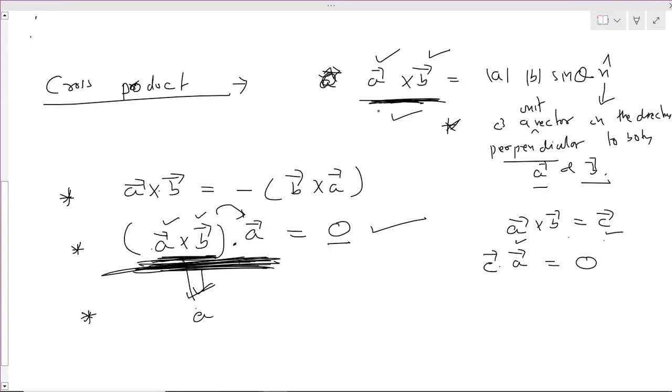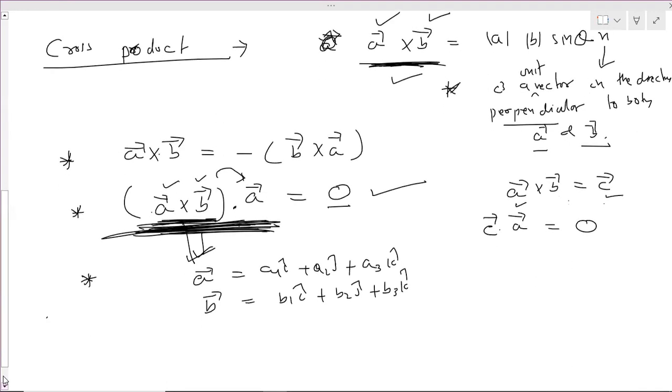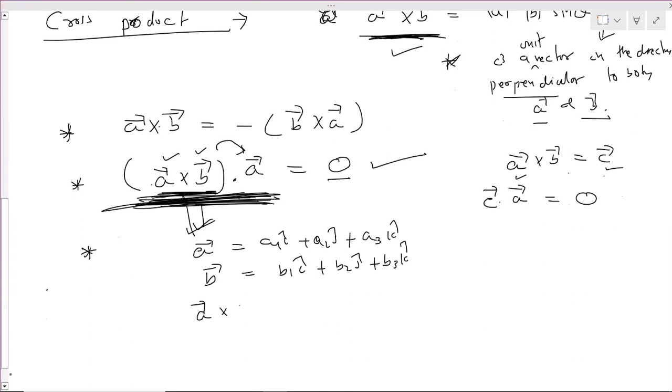In vector form, if A vector is A1 i cap plus A2 j cap plus A3 k cap, B vector is B1 i cap plus B2 j cap plus B3 k cap, then A cross B is the determinant with rows i, j, k; A1, A2, A3; B1, B2, B3.